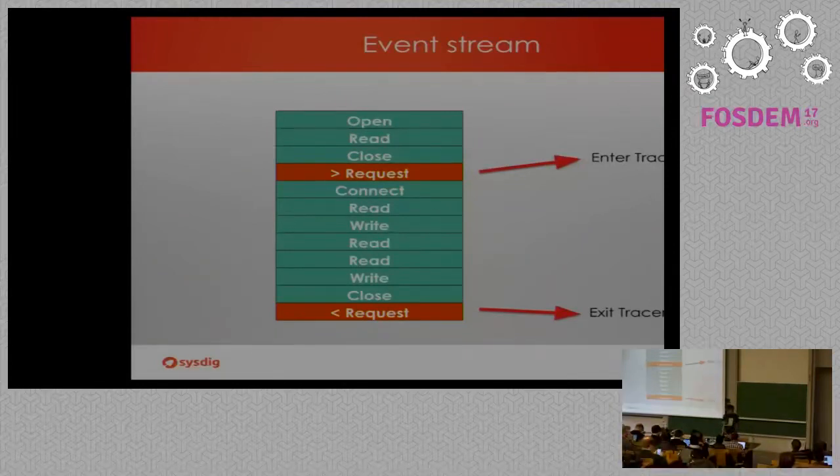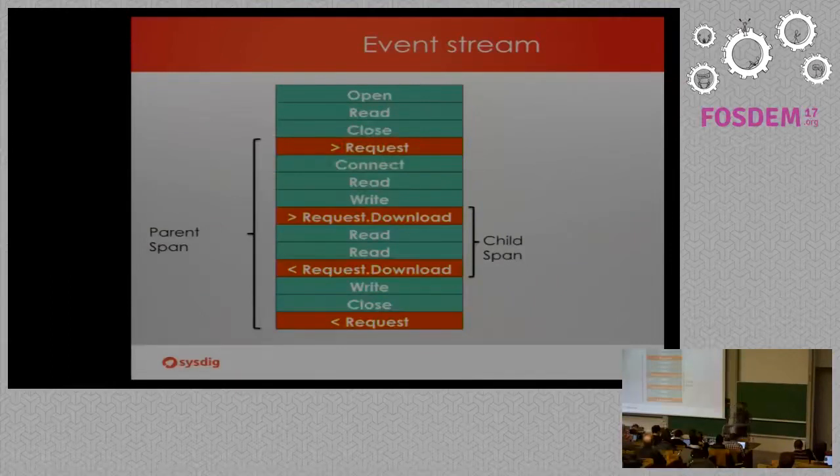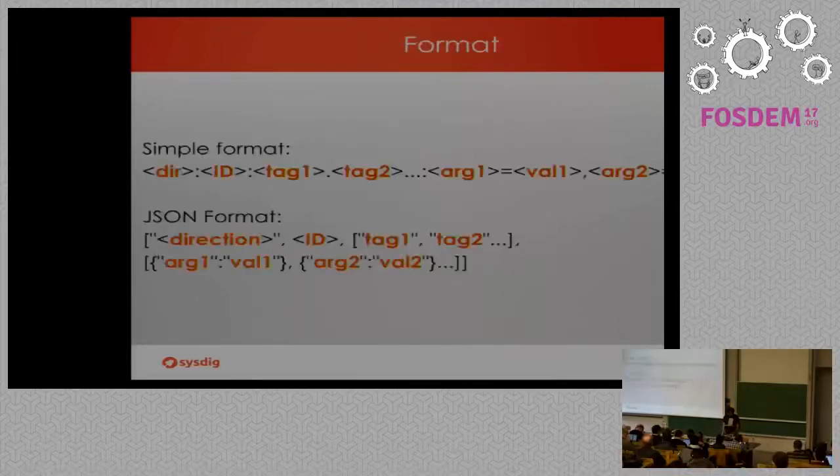If you notice, the symbol just before the trace is useful to understand if it's an entry or exit. This is the span. And we can obviously have a tree of different spans and a nested structure to measure different things.